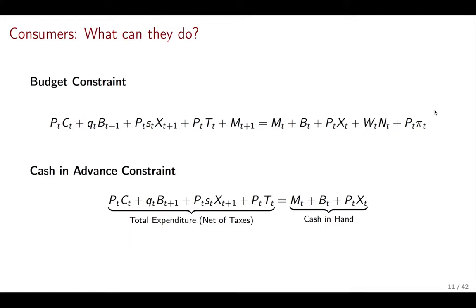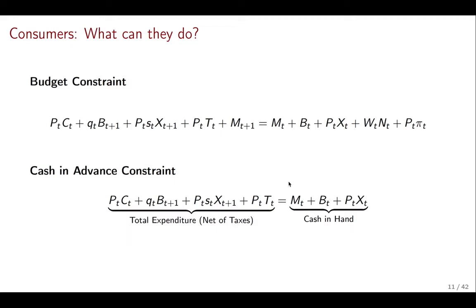Basically, this is a model in which you enter the period, you have to consume, you have to buy bonds, you have to pay taxes, but you only get paid your wages and your profits at the end of the period. Because you only get paid at the end of the period, then you need to have cash in hand in order to pay for your expenditures.